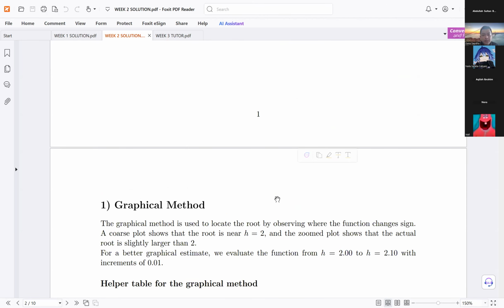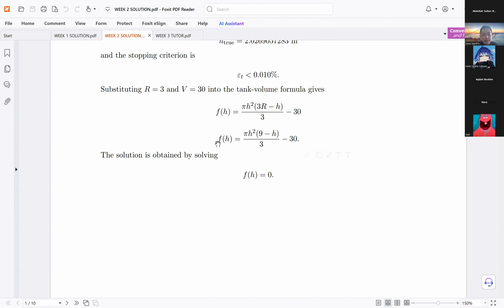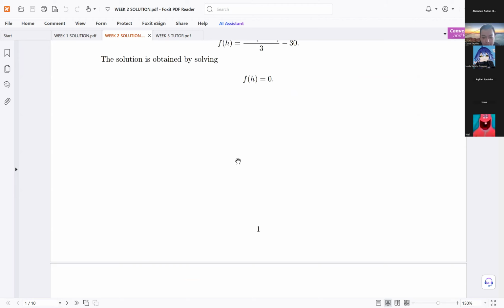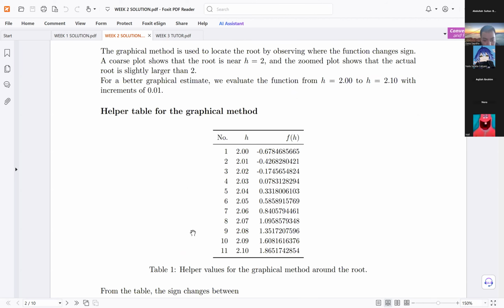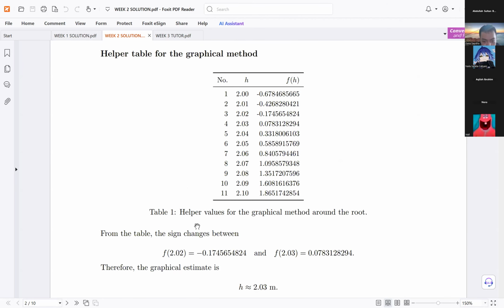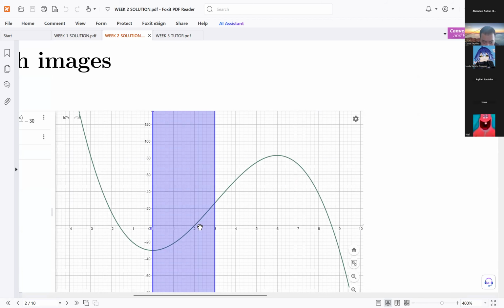And for the graphical method, you have to use a software tool, you could use GeoGebra. This is the graph. From a wide view, it seems like the point is between 2 and 2.1, because it's so close to 2 but greater than 2.